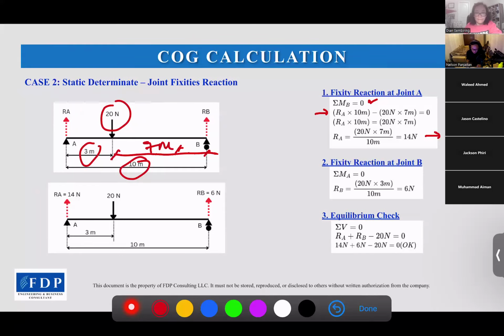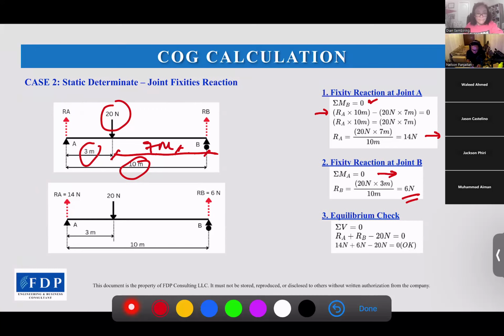Same process we use to get the reaction at joint B, the total moment at A equals 0. Then the RB is 6 Newton. Once we get the reactions at joints A and B, we go into the equilibrium check just to make sure that our calculation of the reactions is correct.